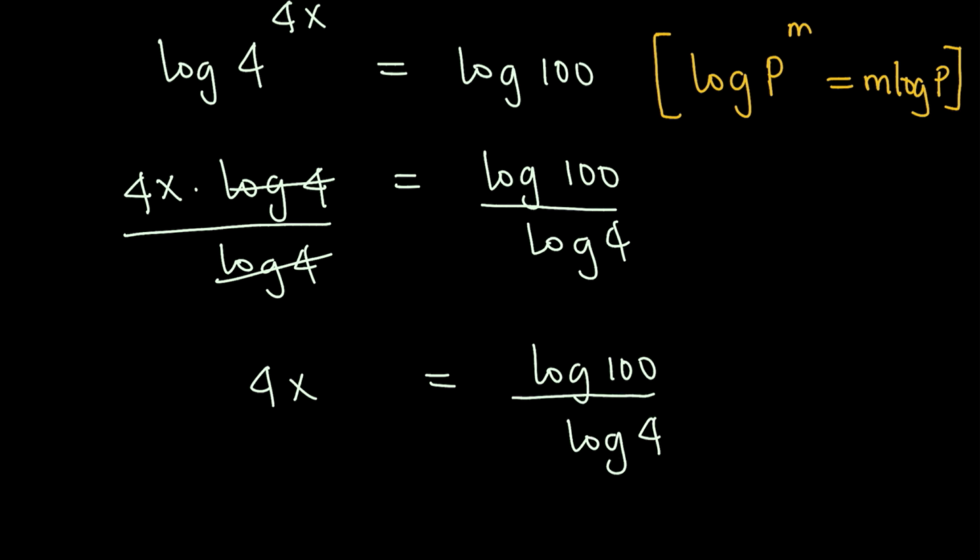Now 100 can be broken down into 4 times 25. And 4 is 2 squared. 25 is 5 squared.